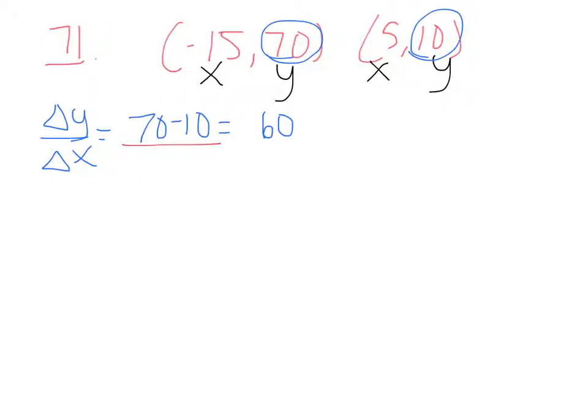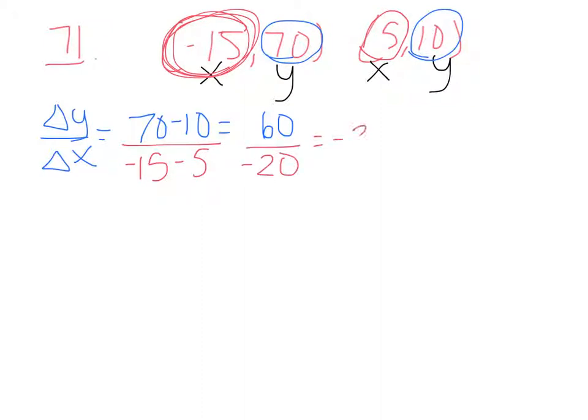My x's, I have to start with the same ordered pair, so I'm going to do negative 15 minus 5, which gives me negative 20. Then these can be reduced to get negative 3. So our slope is going to be negative 3.